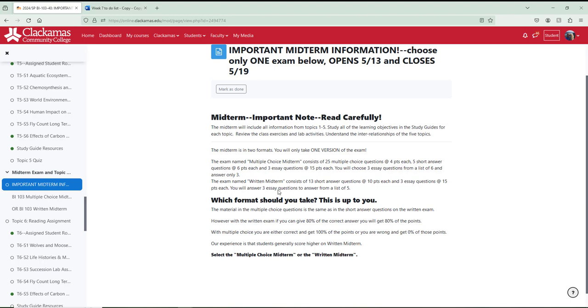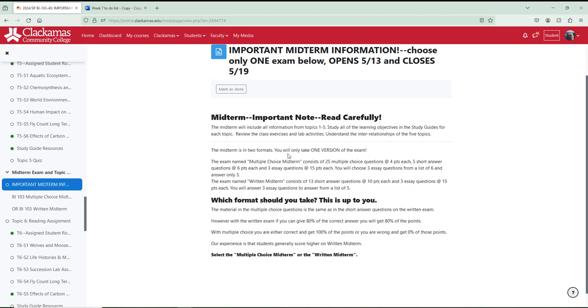The multiple choice exam also has some short answer questions. There's 5 of them. Whereas the written exam, it doesn't actually say, I guess it probably has the same 5 short answer questions.